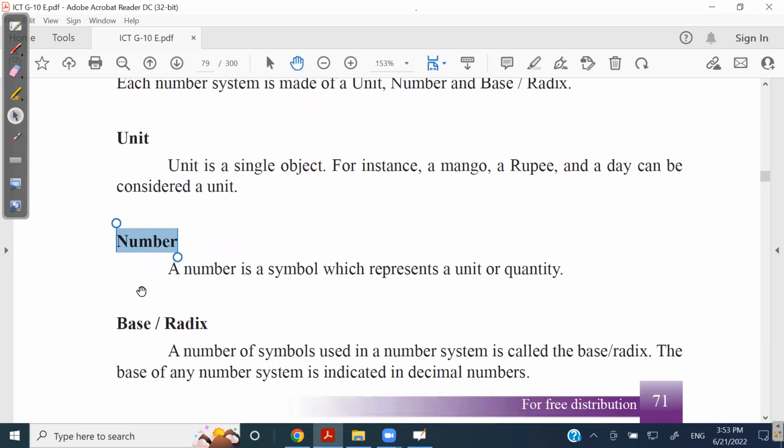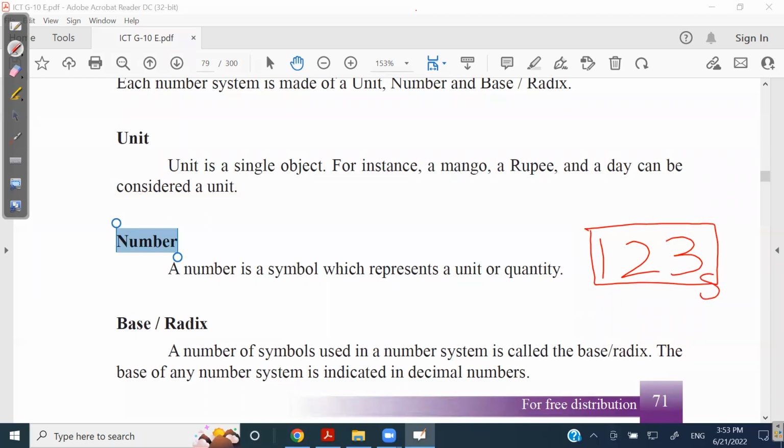Identification in the sense that, as we discussed earlier, if I just write 1, 2, 3, I can't say what kind of a value this is. To make sense, I have to give a particular base. So now I can say this value 1, 2, 3 is in the octal number system. If I say 3F, then I have to say it is a hexadecimal value.